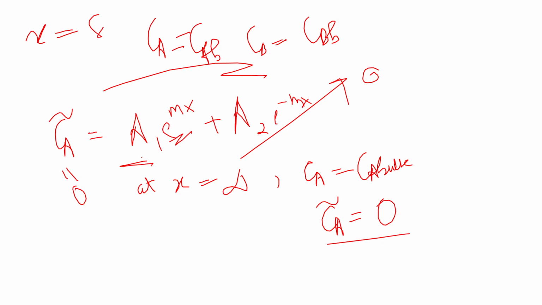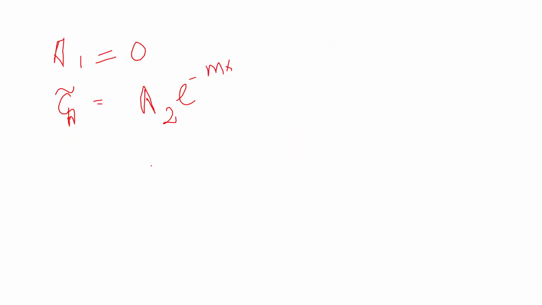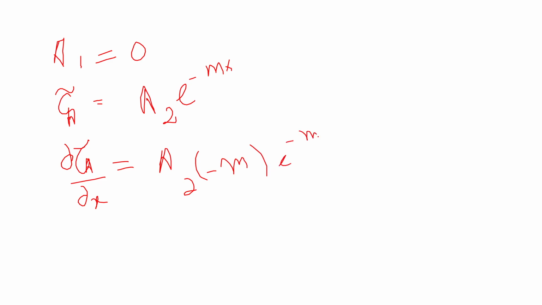Okay, right. So I simplified it. Now applying the next boundary condition, I have to find out what is ∂CA by ∂x. How will I do? A2 into minus m into e raised to minus mx.